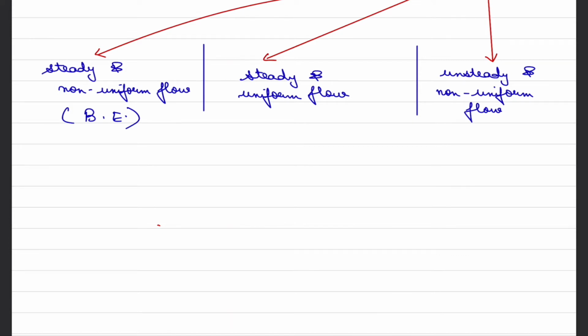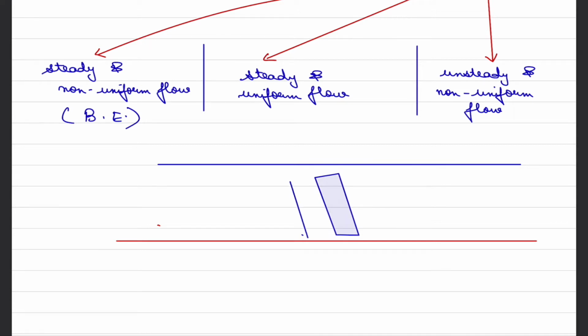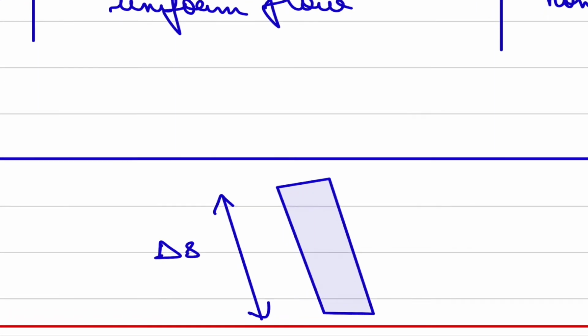So let us consider that there is a channel in which there is some water present, and here we consider a generic direction del S. Perpendicular to this del S, let us consider another direction del N, and perpendicular to this paper, the width of this section is considered as 1 unit.